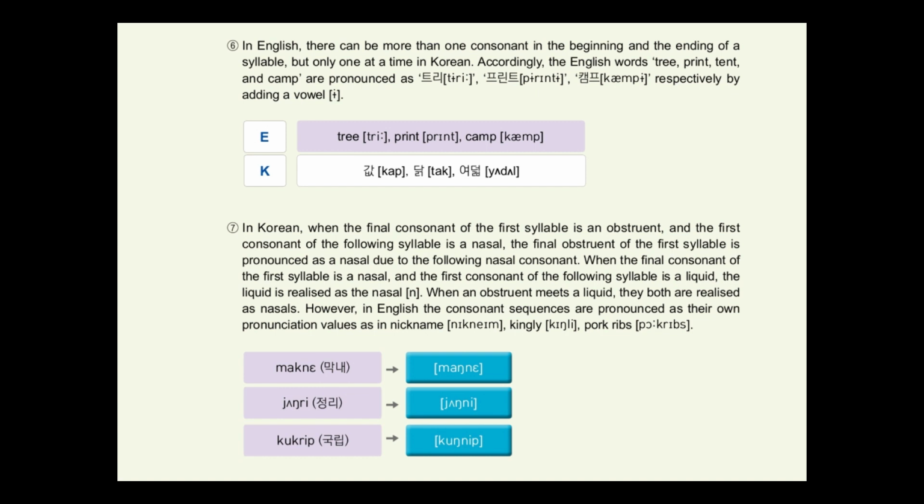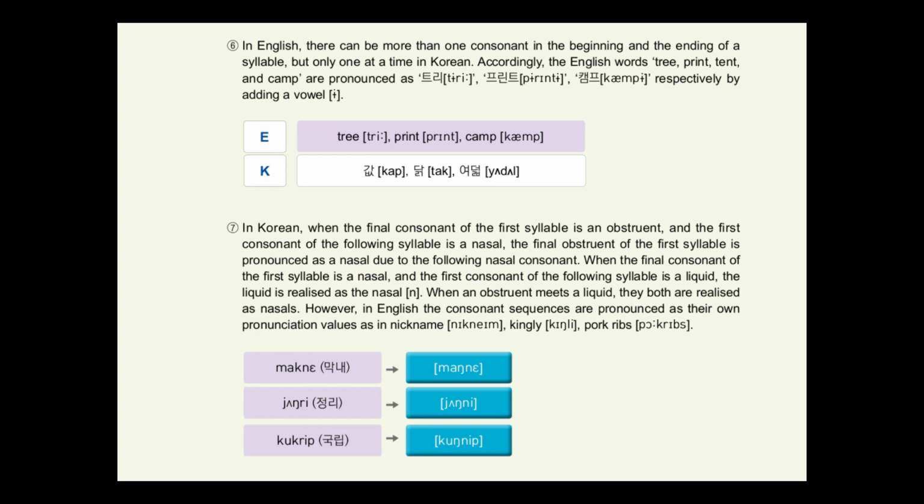There can only be one consonant sound at the end of the word. If there are 2 letters there, only one gets pronounced. It's not always the first or the last letter, though. It depends on what consonants are together at the end of the word. This is something you're just going to have to memorize. Korean, 갑, 닭, 여덟. Are you following everything so far? If you know all this, you can be a Korean teacher.